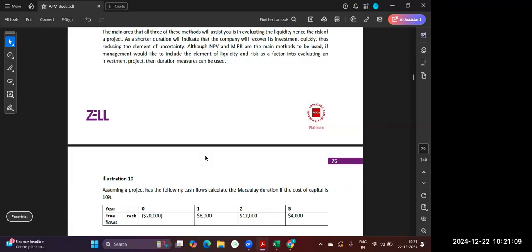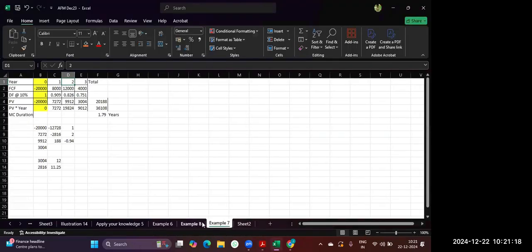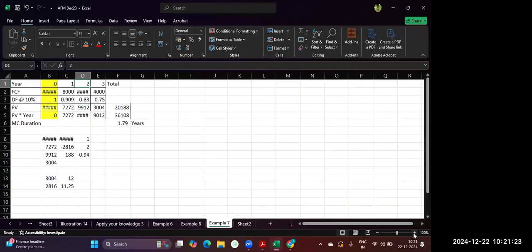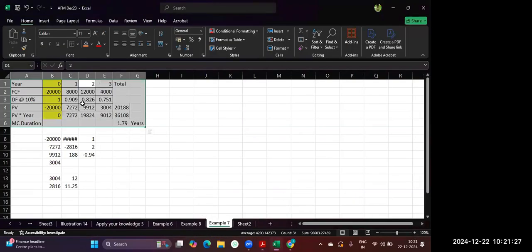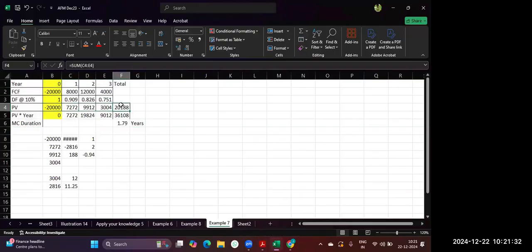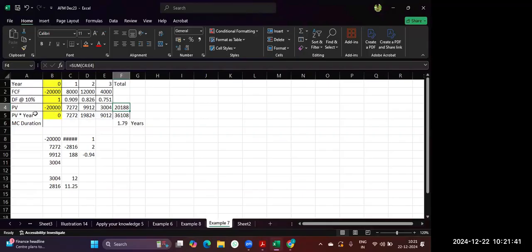Present value. Everyone done? Can you guys see my screen? Yes, sir. So did you guys get the present value as 2088 NPV? Everyone got present value as 2088.